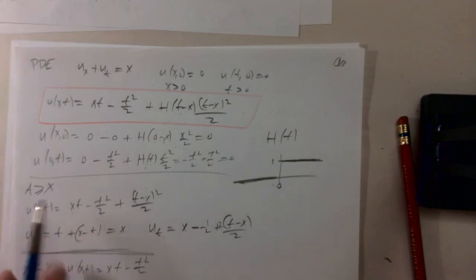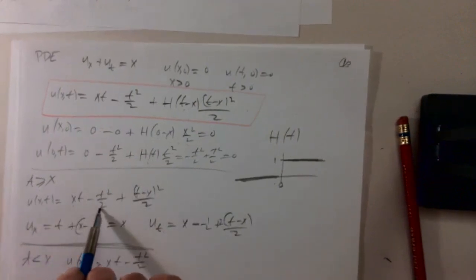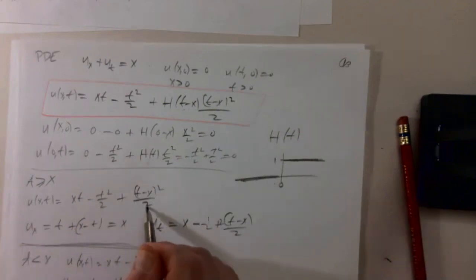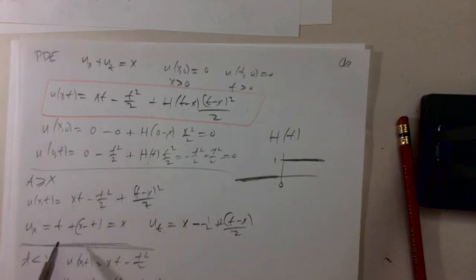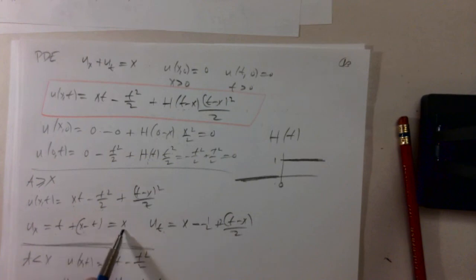And suppose t is greater than or equal to x. So in that case, u of x, t is xt minus t squared over 2 plus (t minus x) squared over 2. If I differentiate with respect to x, I get t plus x minus t, which is x.